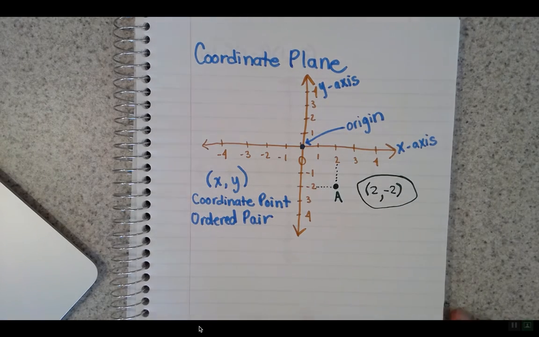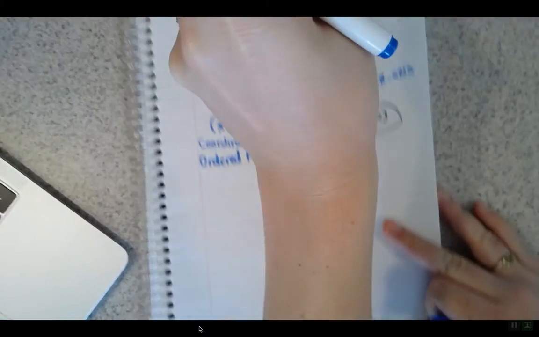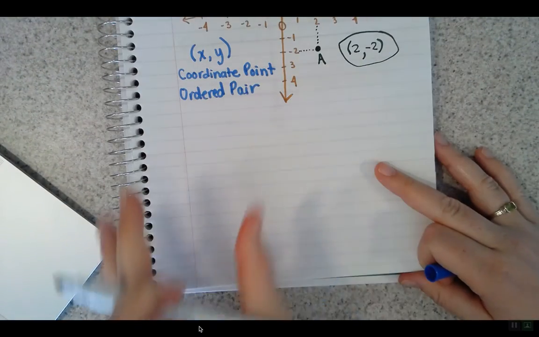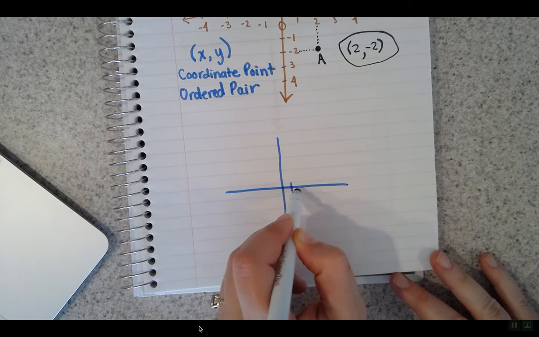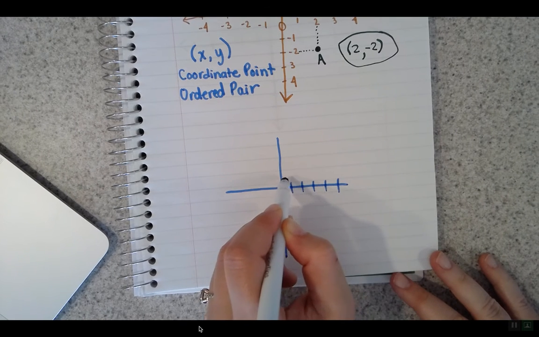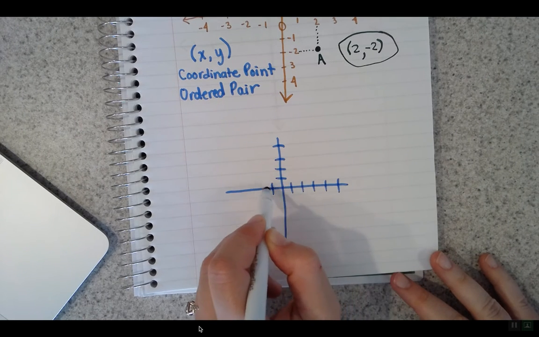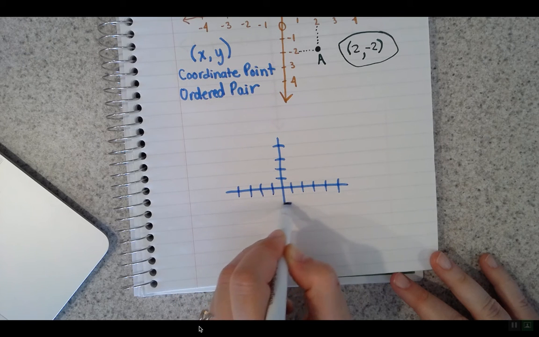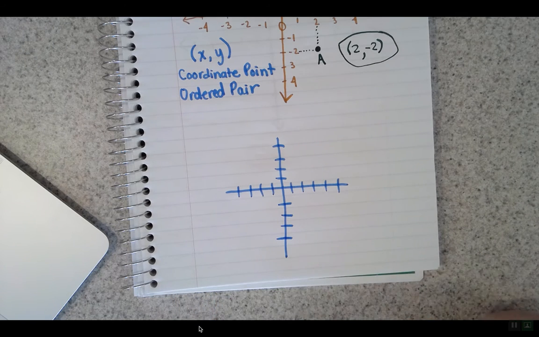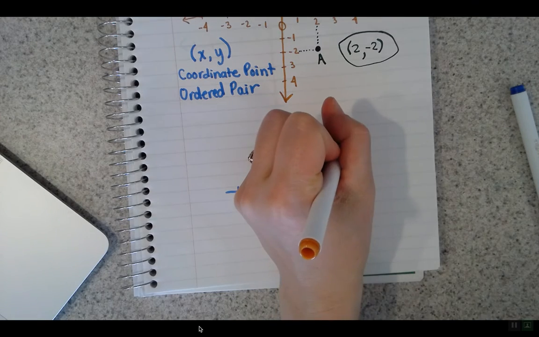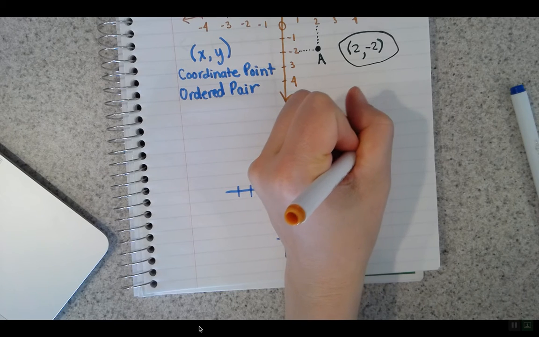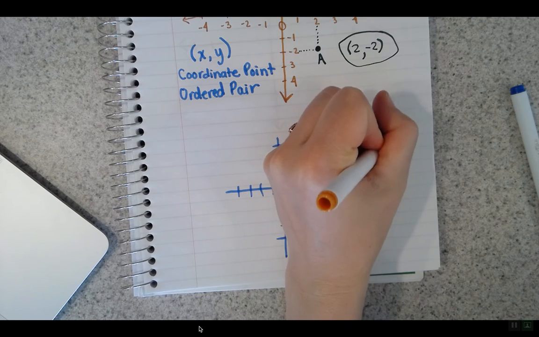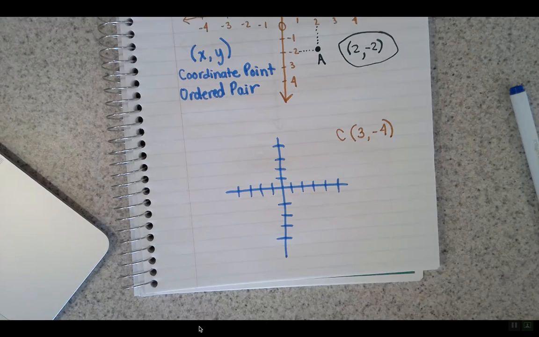Now let's just say you've been given a coordinate plane and you're asked to plot the point C, which is located at 3, -4.